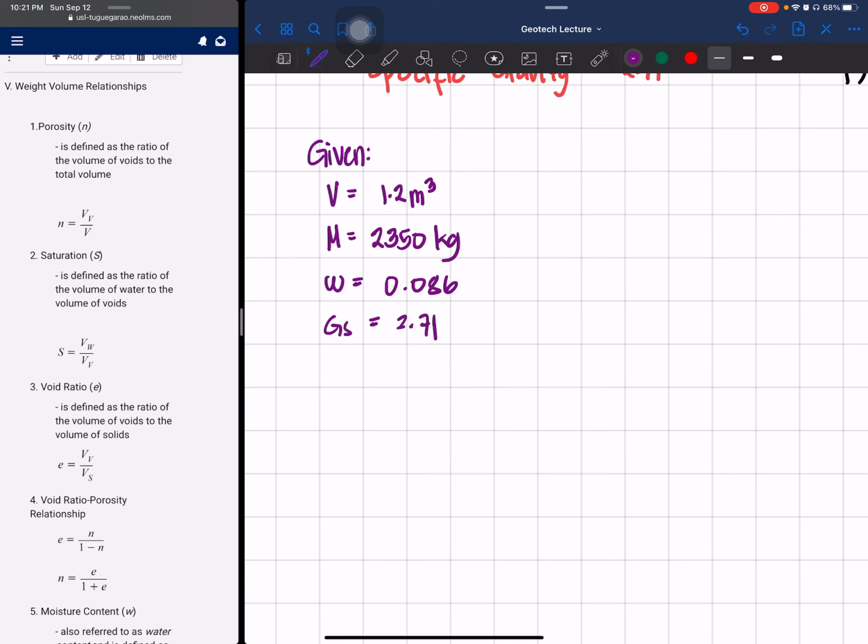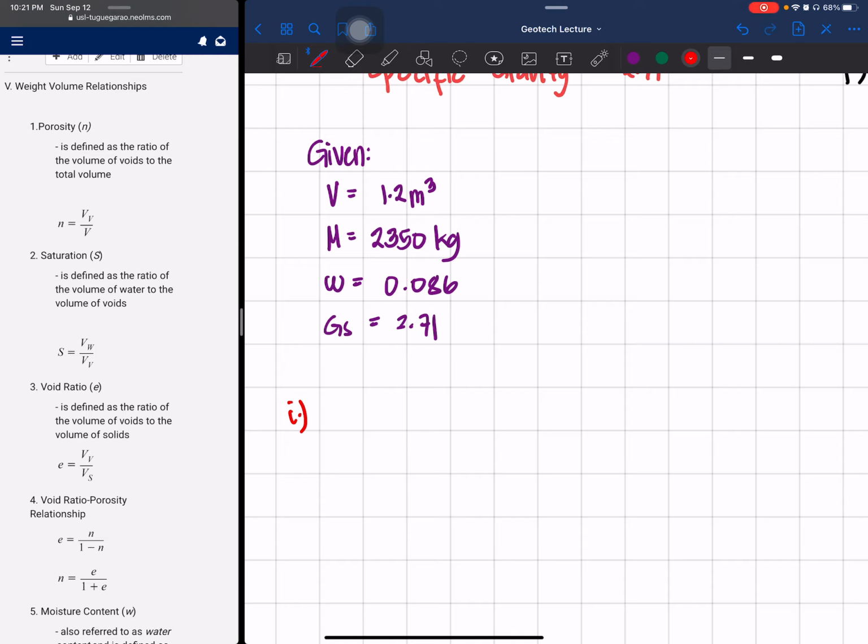You have to take note, guys, that the unit weight and density are interchangeable units. If you divide the unit weight by the acceleration due to gravity, that will transform the unit weight into the density.